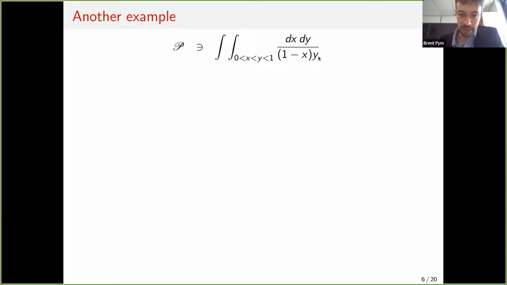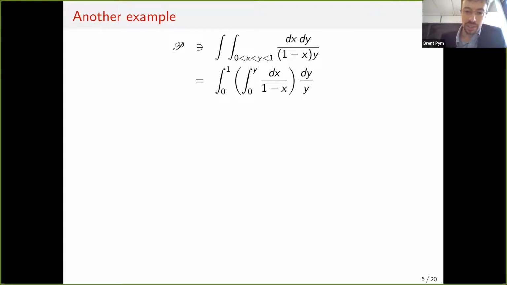We're going to evaluate this integral using the fundamental theorem of calculus, Fubini, etc. To evaluate it as an iterated integral, I'll integrate first with respect to x. So x goes between 0 and y. I integrate from 0 to y dx over 1 minus x, and then I multiply by dy over y and integrate from 0 to 1.